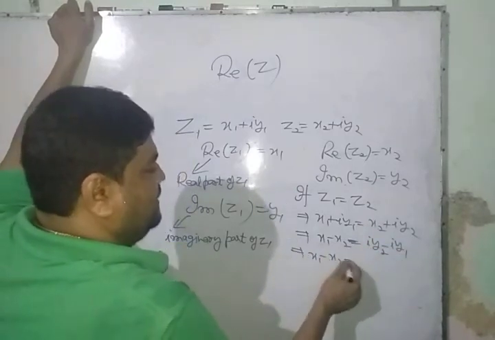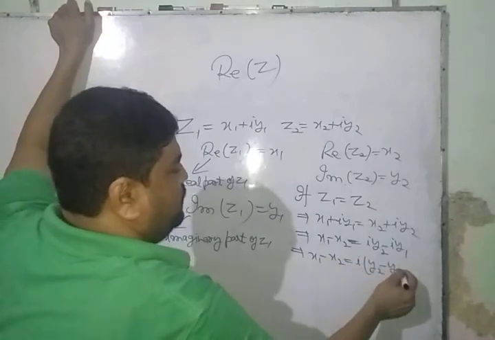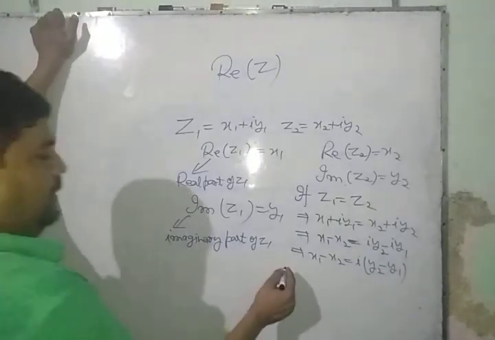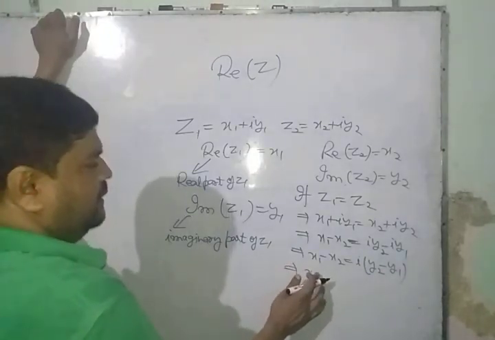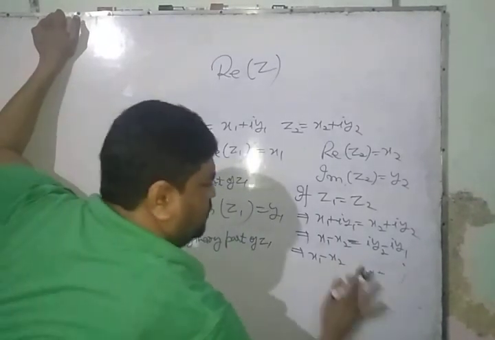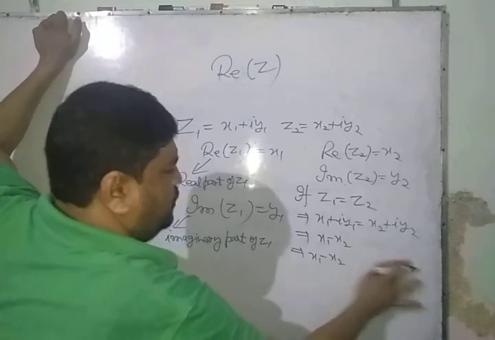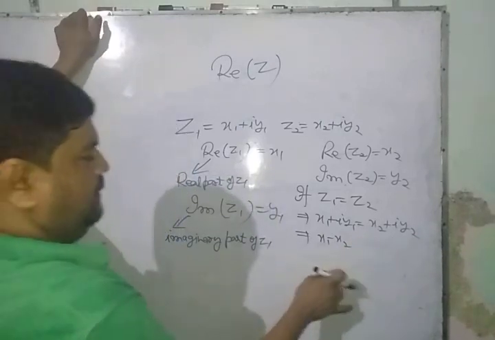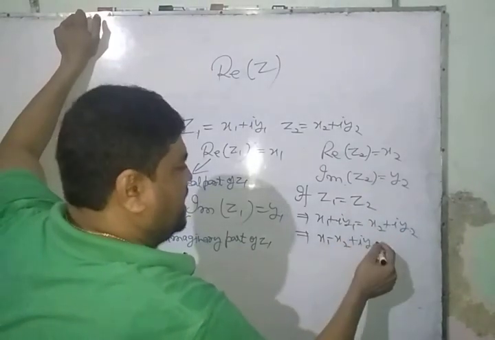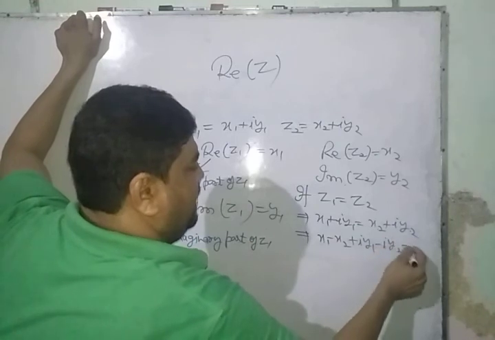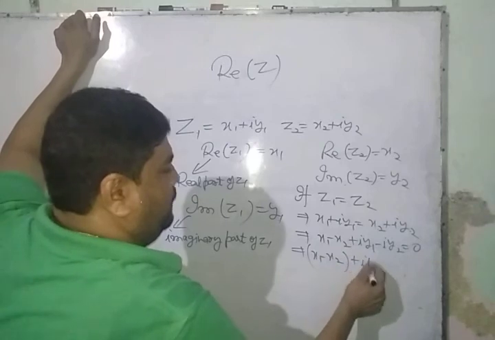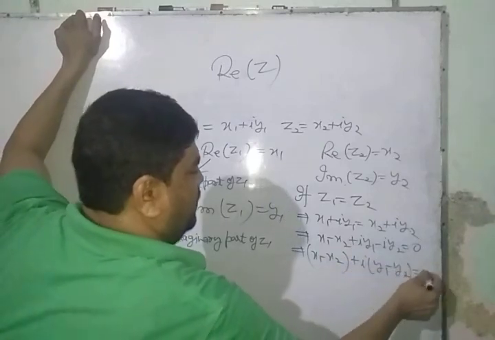Let me change this a little bit. Transpose iy2 to the other side, so x1 plus iy1 minus x2 minus iy2 is equal to 0. That is, (x1 minus x2) plus i(y1 minus y2) is equal to 0.